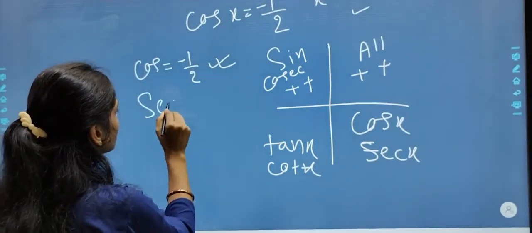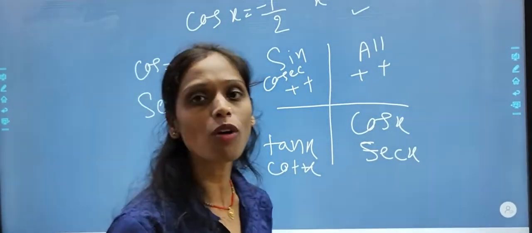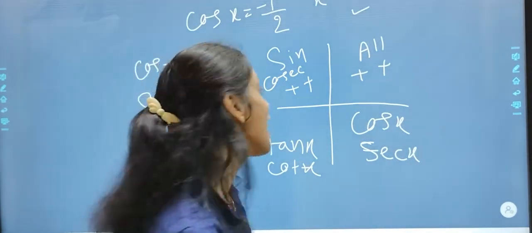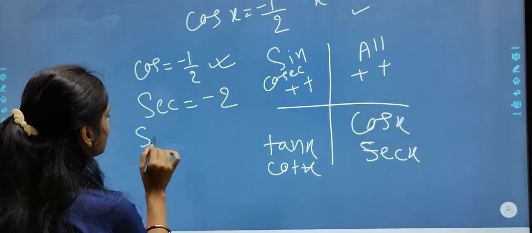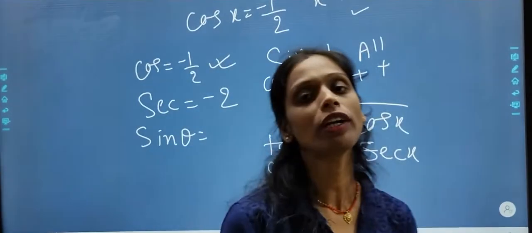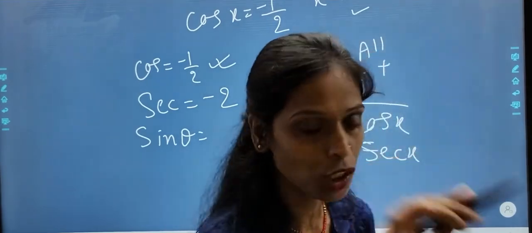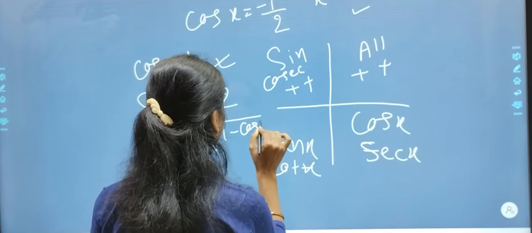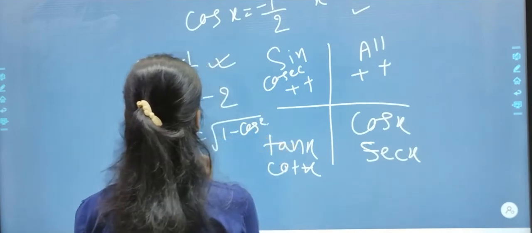Sec, you know very well, is the opposite of cos. Then it will be minus 2. Clear? And third one, you come to sin theta. Then you know our formula, root under 1 minus cos square theta is equal to sin theta. Sorry, x.